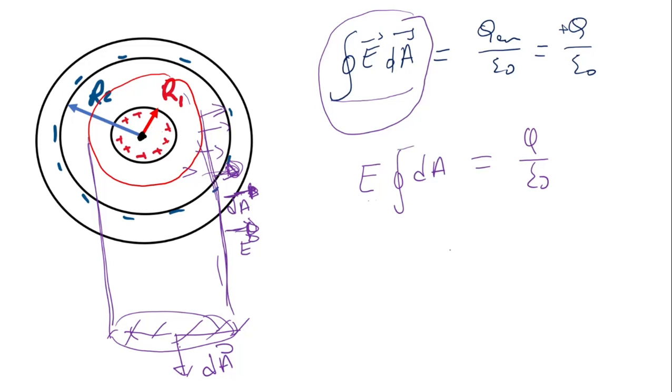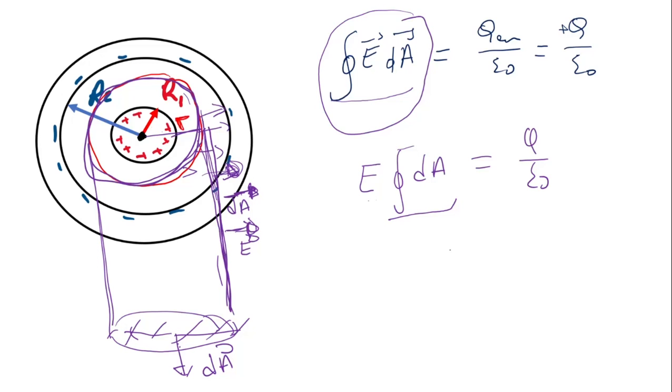Now let's find this lateral area. The lateral area is the length times the circumference of the cylinder. The circumference is 2 pi r, where r is the radius of the Gaussian cylinder.